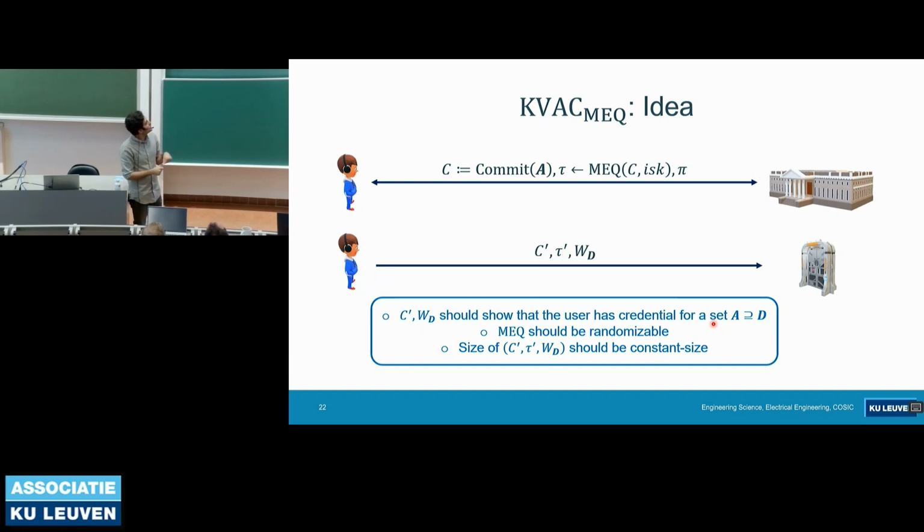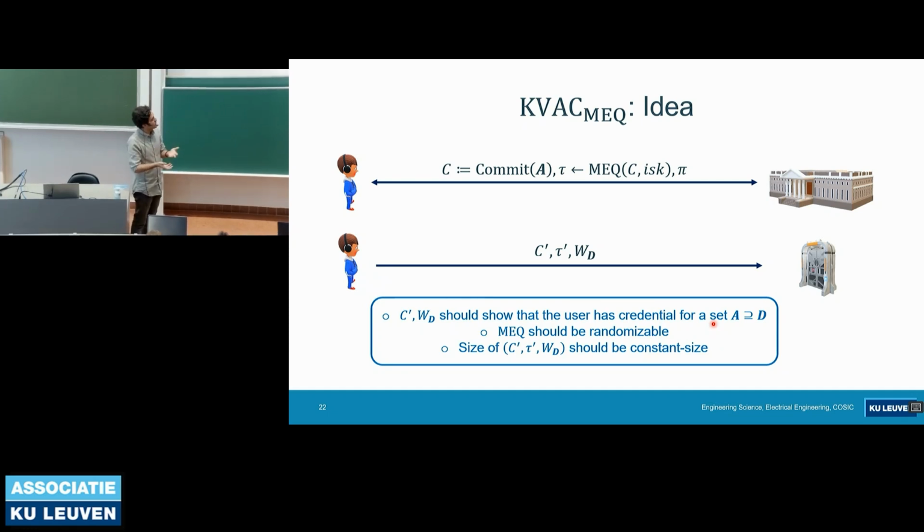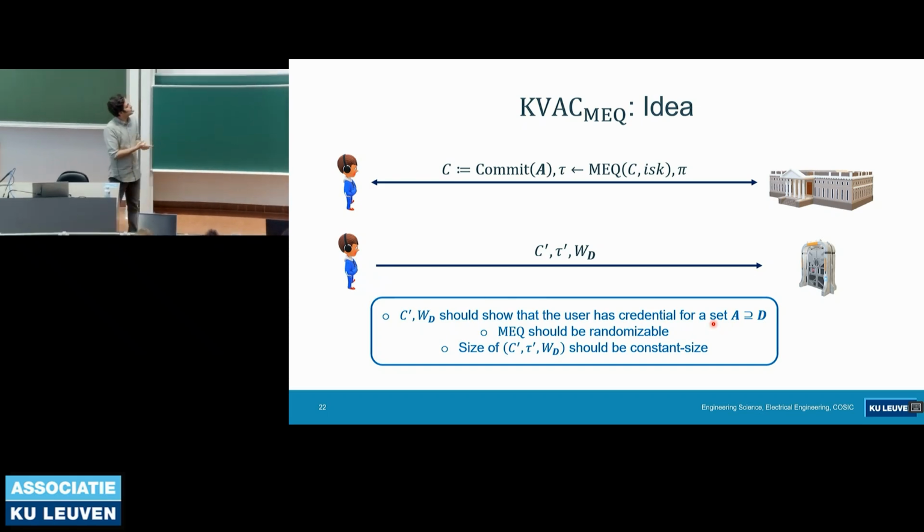Then in the showing phase, the user sends the randomized version of the commitment, the randomized version of the tag, and an opening value for subset D, which shows to the verifier that the user has a credential for a superset of set D. So we have three objectives here.